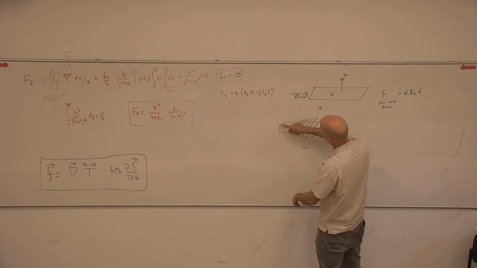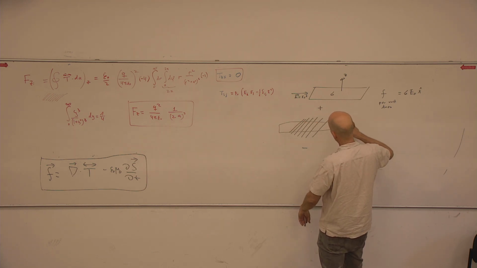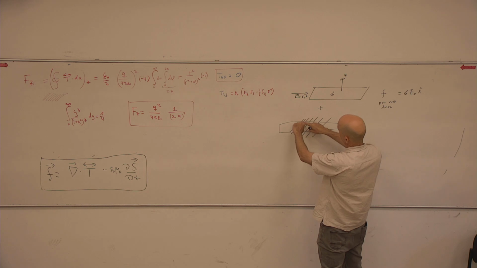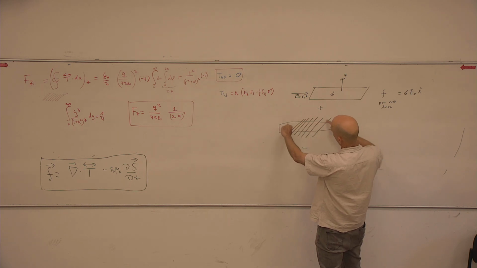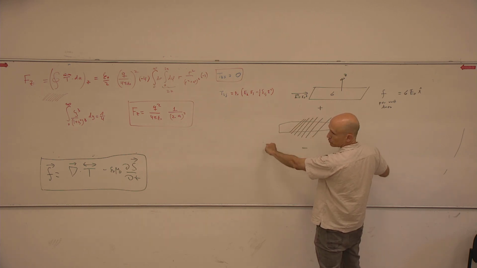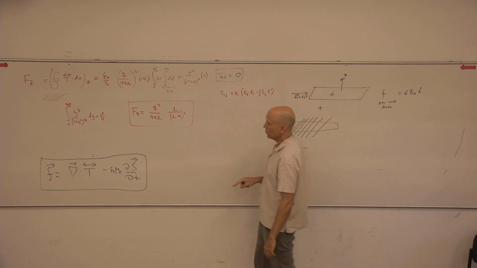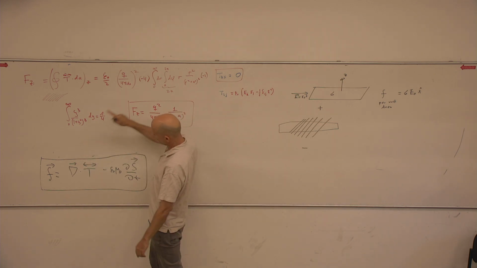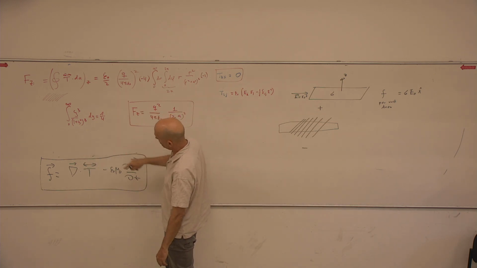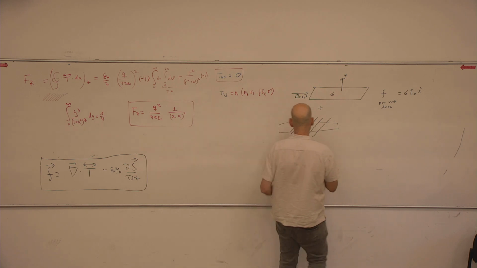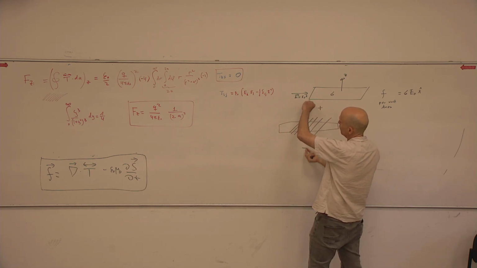So I'll have two integrals, one of them from the top. So I need to calculate the tensor on the top, and I need to calculate the tensor on the bottom. And when I do the integral, closing this integral over the surface, this is my surface, I'll have two contributions, one from top and one from bottom.